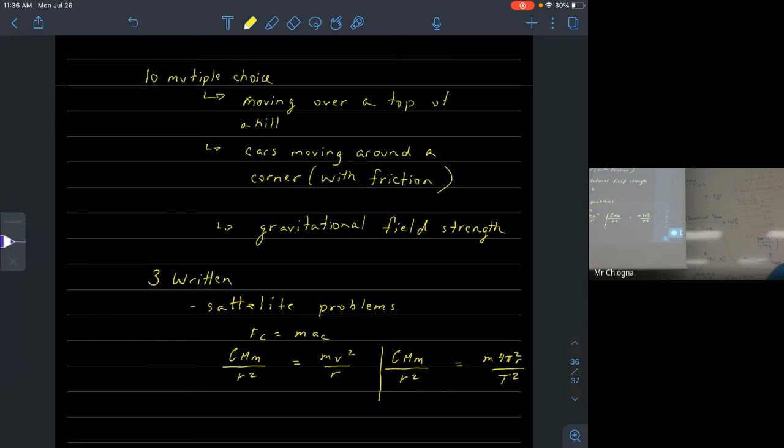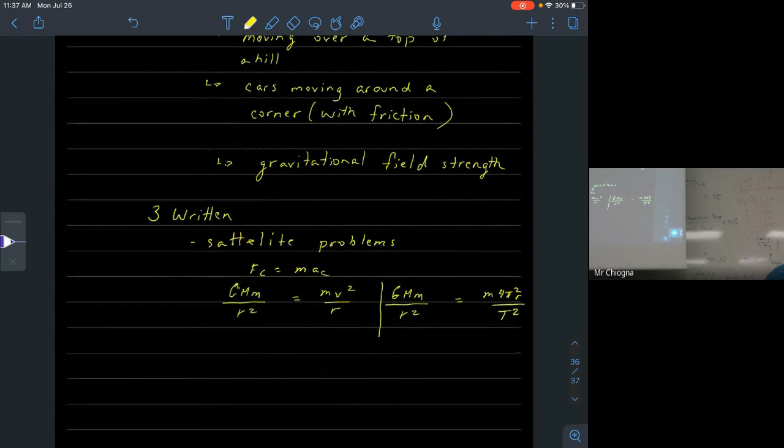You have to be able to use either one, right? Well, that's a G. Rearrange to solve for whatever is being asked for. Know the relationship between these two. How does speed change with mass? How does the period change with mass? How does the speed change with radius? How does the period change with radius or distance?